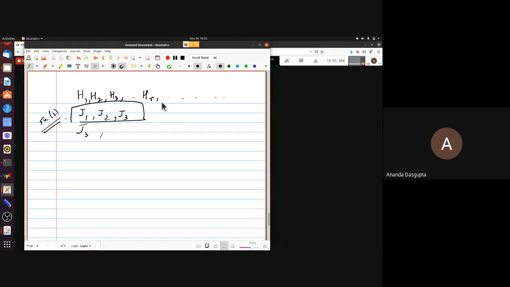That's easy. In fact, you already know this. You may not know the name, but you definitely know this. J3. Well, actually, it could be any one of them, or any linear combination of them for that matter. The one which we usually use is J3.